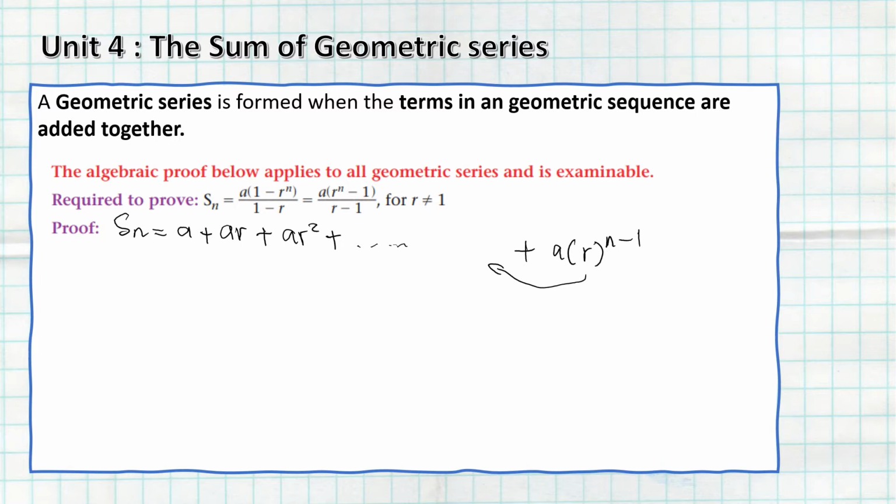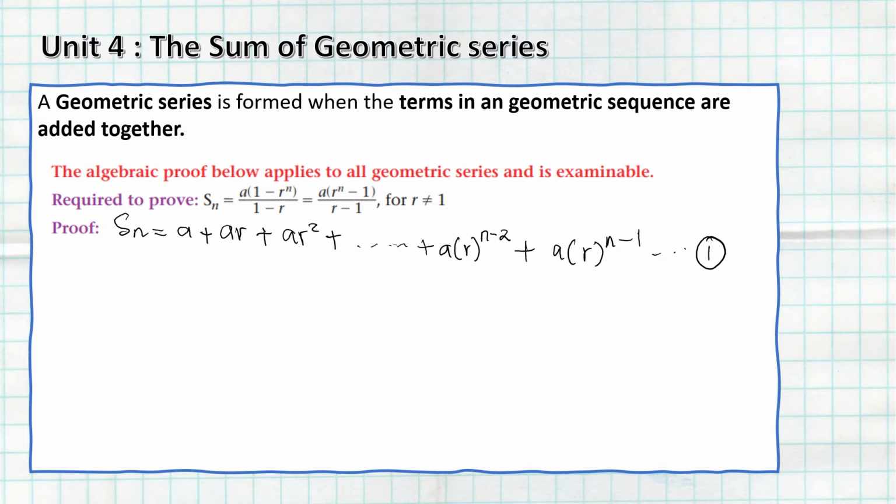So to get the previous term, we divide by r, so we use the laws of exponents: r exponent n minus 1 minus 1, because I'm dividing by r exponent 1. So my previous term will just be a into r exponent n minus 2. This forms our equation 1.